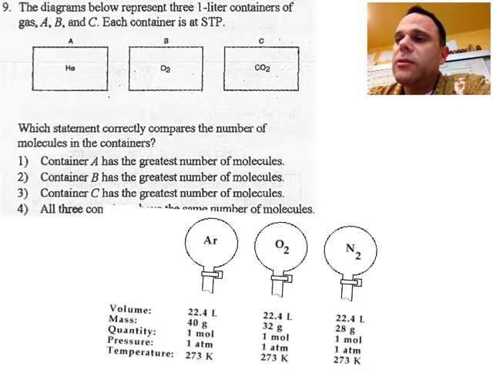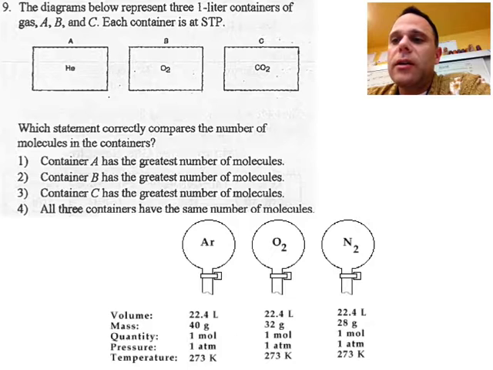This illustration may be of some assistance. Here it is. In this illustration, it's showing that we have argon, oxygen, and nitrogen, each the same volume, different masses because they're different substances, each containing 1 mole of the substance under the same pressure and same temperature, so under STP. And what do you notice that relates to this question?